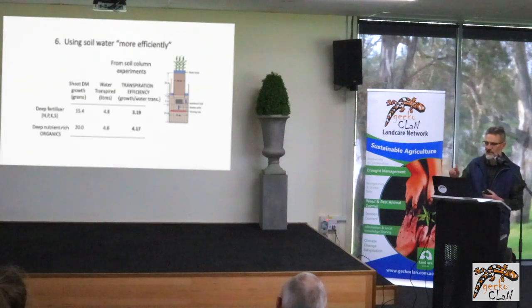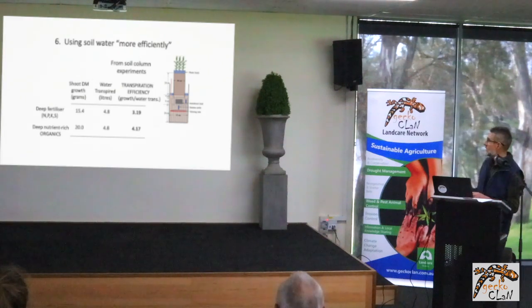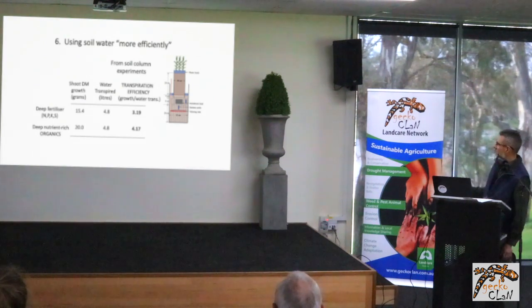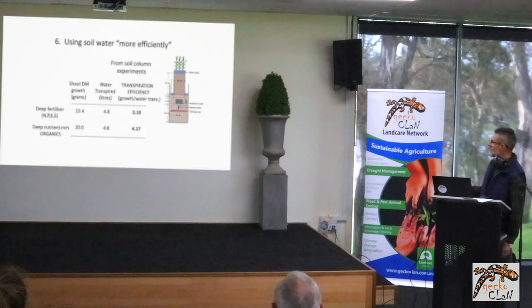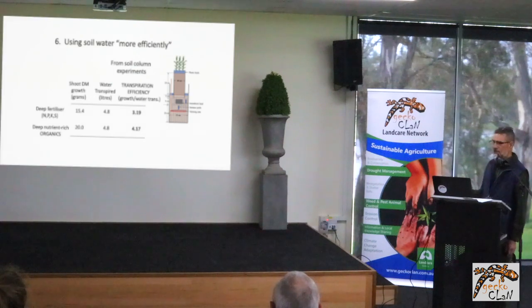In this column, we're growing some wheat in a smaller core. The reason for the smaller tube is to make sure the roots just enter that subsoil. It was filled mostly with topsoil, and then here is our hostile subsoil.